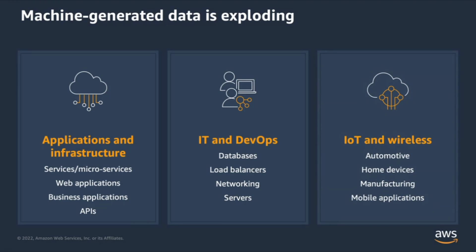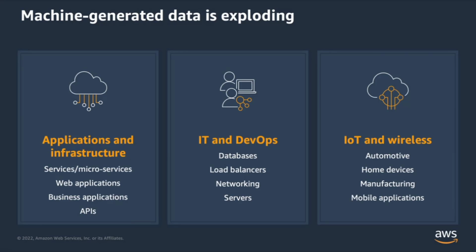And the last space is in the IoT and wireless. We see tons of data coming in from automotive sources, your devices at home, manufacturing, hardware and software, even mobile applications are bringing in data in the IoT space.